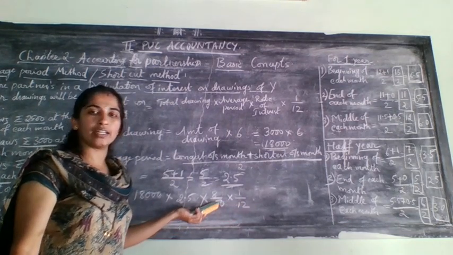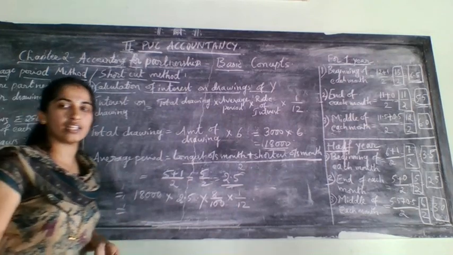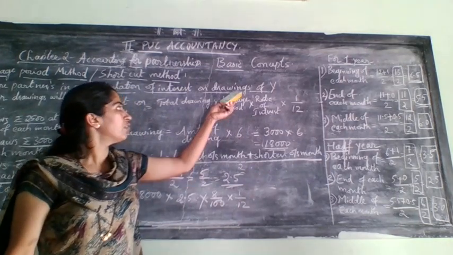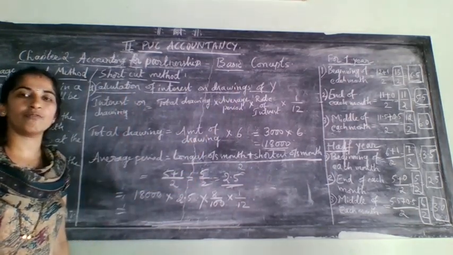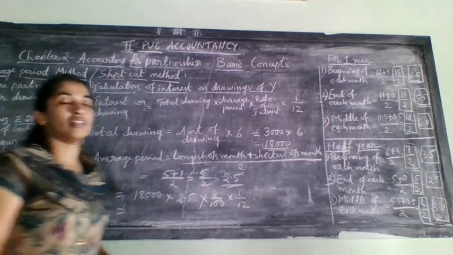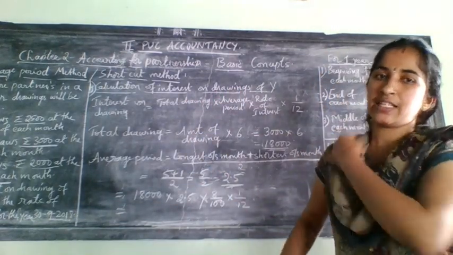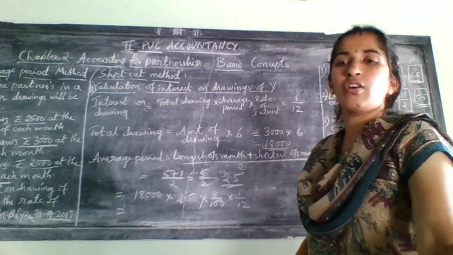Do it in your calculator. What is the answer you will get? That is the interest on drawing of Y. This is B. In the question they asked for X as A, now B for Y.